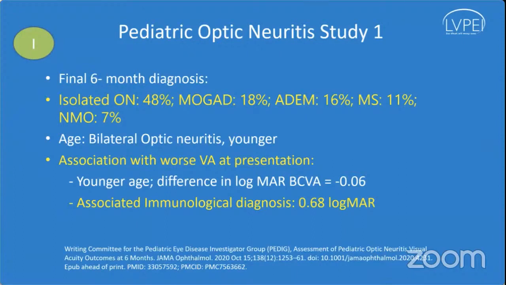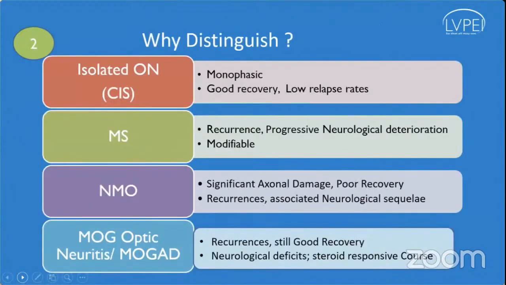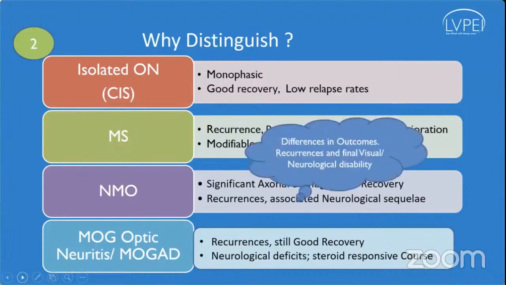Further, this study showed that an associated immunological diagnosis was associated with worse visual acuity at presentation. However, this study did not give us too much information on the clinical clues and the final outcomes of these patients. But it is important to distinguish these patients at presentation because of differences in terms of recurrences, visual outcomes, and neurological disability that we might see in these patients.